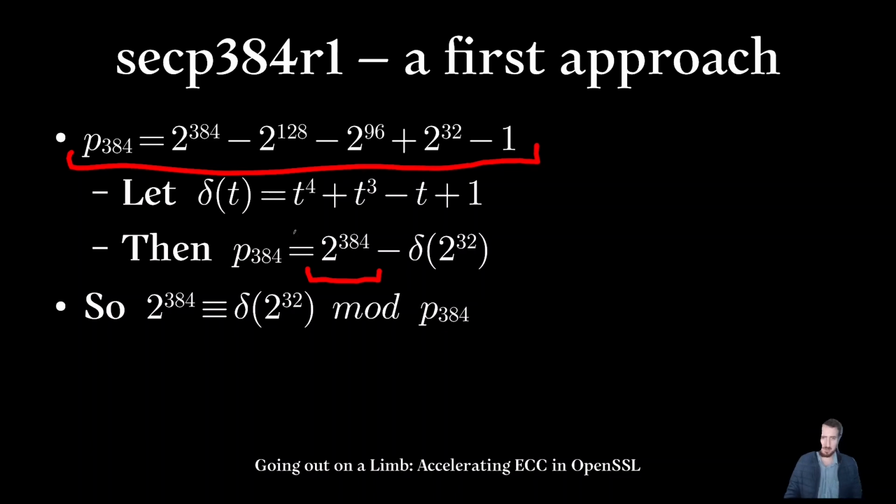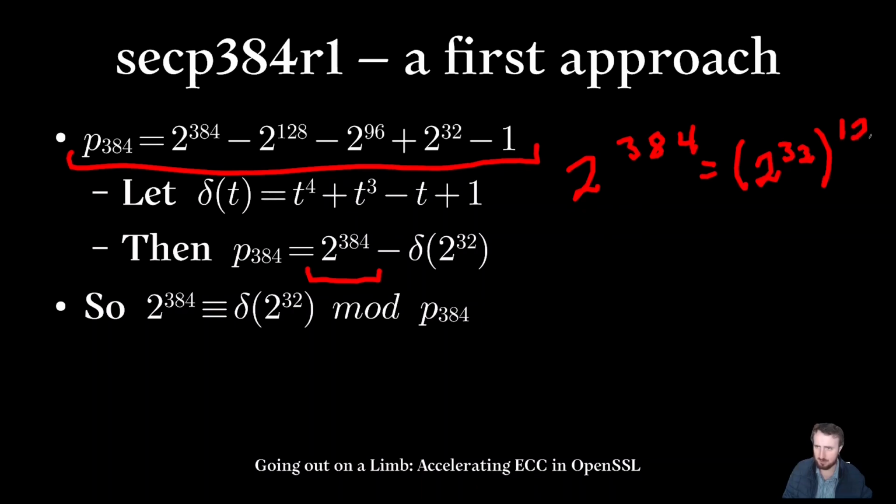So what we're saying is that P384 is actually just our natural modulus minus a low order polynomial in 2 to the 32. 2 to the 32 actually divides 384. So 2 to the 384 can be understood as 2 to the 32 itself raised to the power of 12.